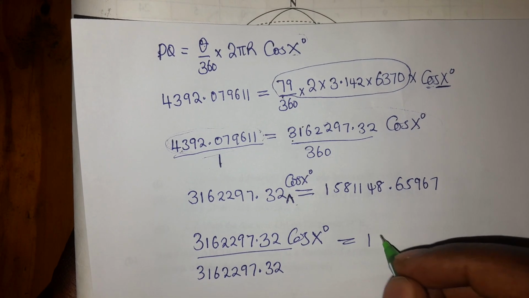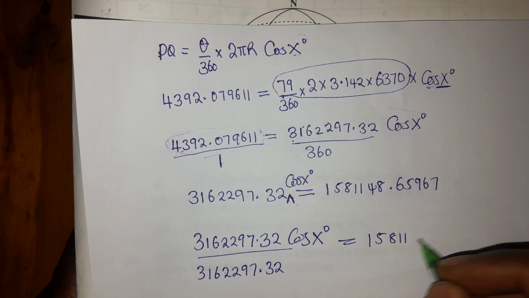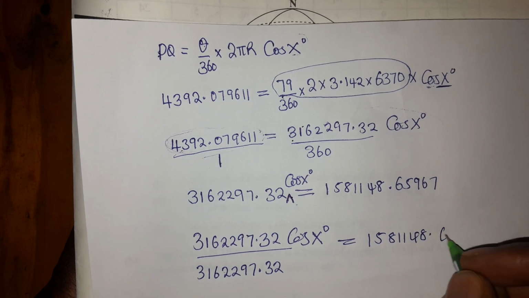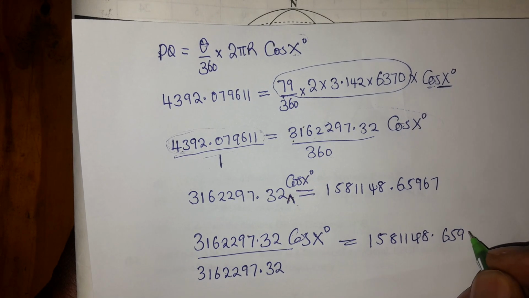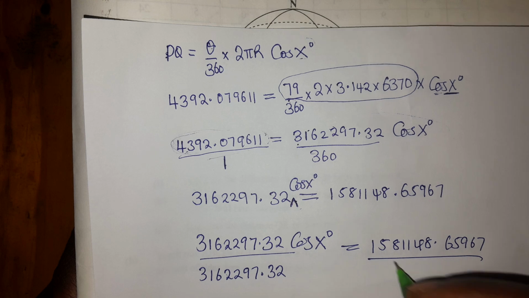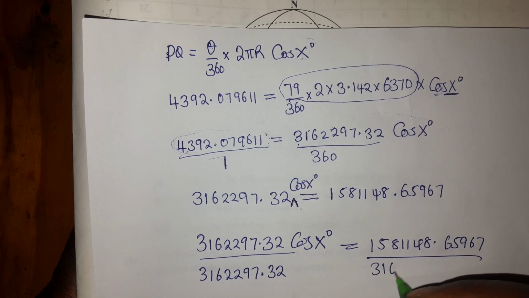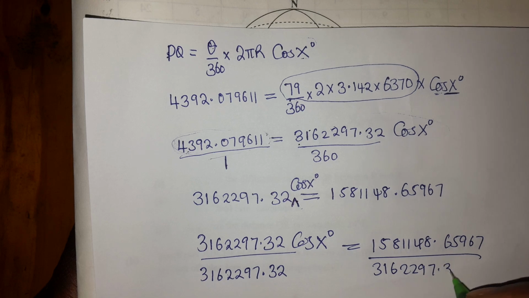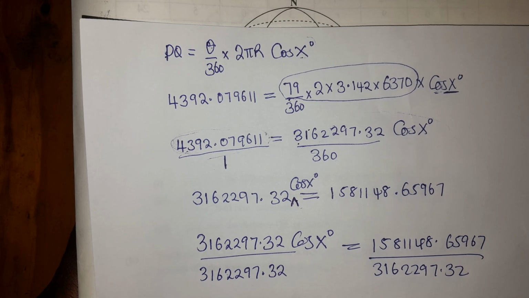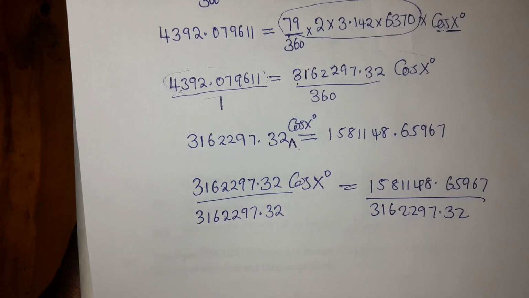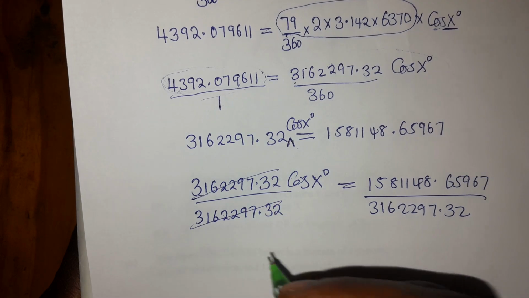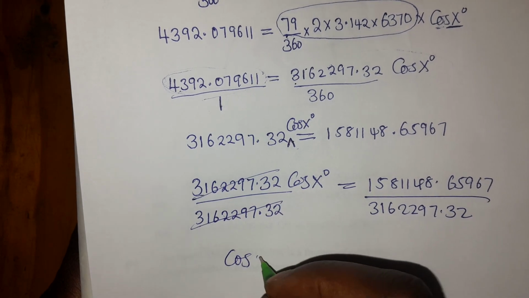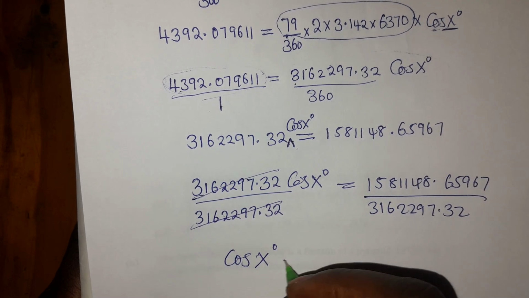Then this side again we have 1581148.65967. You divide 31622297.32. Okay, so now we have this and this are gone, so now we have cos x.